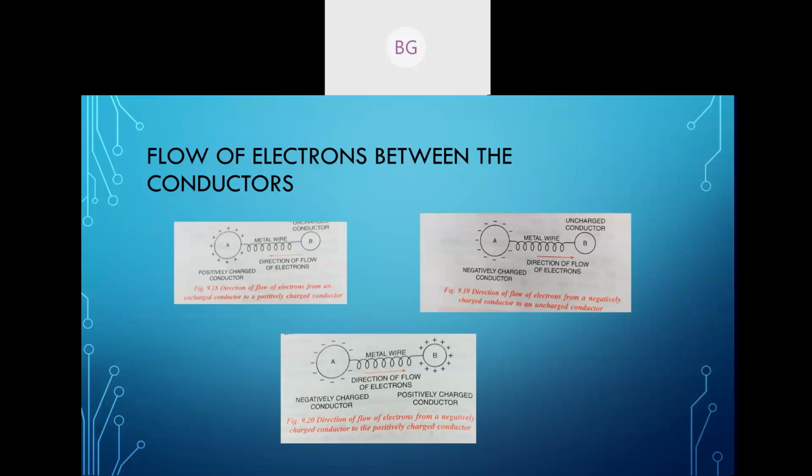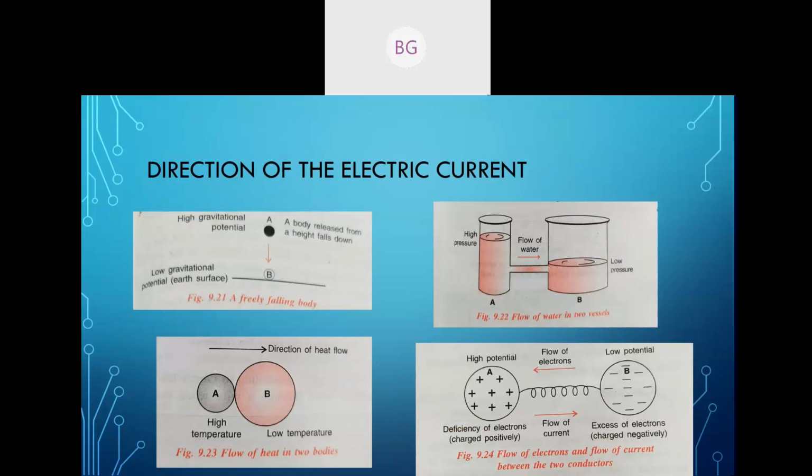Okay. So we just now saw how electrons are flowing, the direction of flow of electrons. Now we will see why do they flow in that particular direction only. Now, as we can see in figure 9.21, if I have a ball which I throw in upward direction, what happens to that ball?